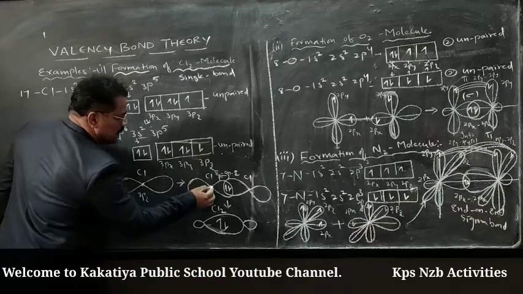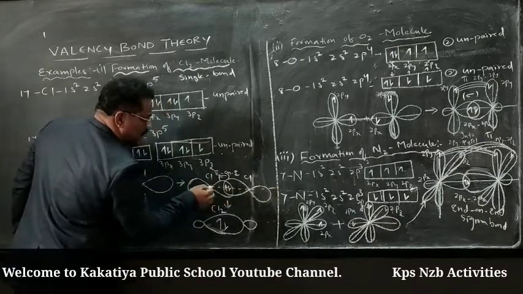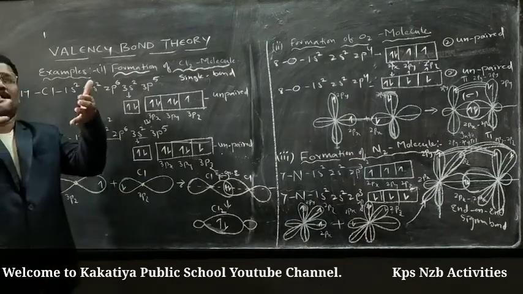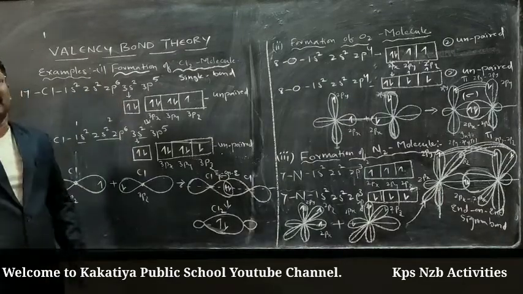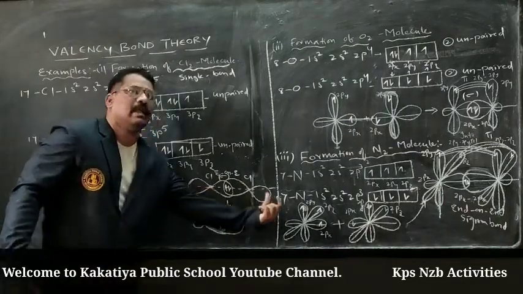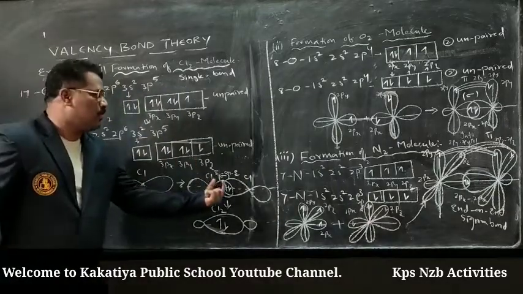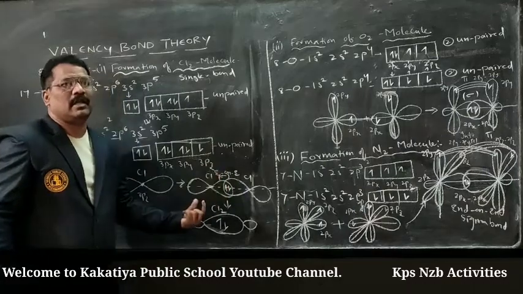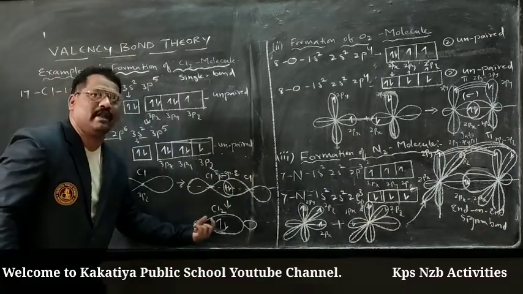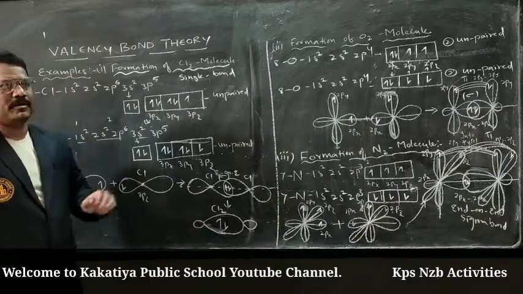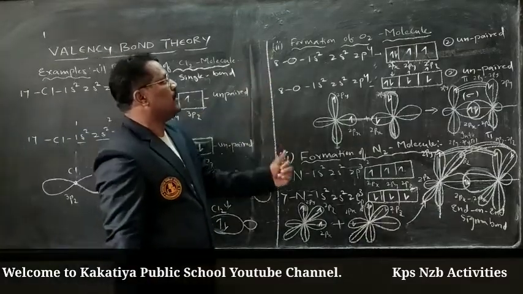Why? Because it is acting upon the internuclear axis. The greater the overlapping, the stronger the bond. As it overlaps on the internuclear axis, head to head or end on end, the bond will be much stronger. Here one single covalent bond is formed, so a chlorine molecule is formed.